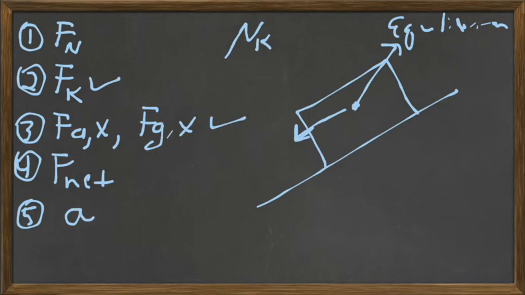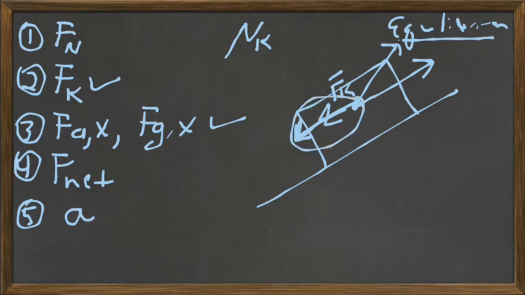In other words, if we're given a pulling force, we could also just work this problem knowing that I have a force in the x direction this way, one force in the x direction that way, and if I am in equilibrium, my force of friction right there, these two forces would have to sum to equal that one. Otherwise, I would not have a net force of 0 along the incline.